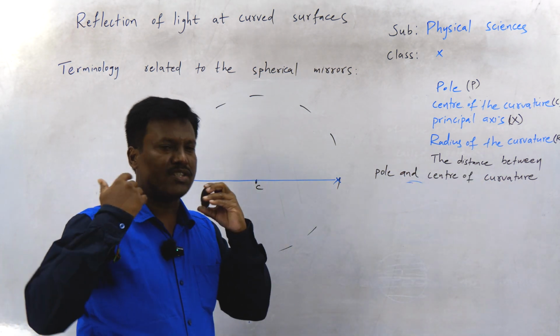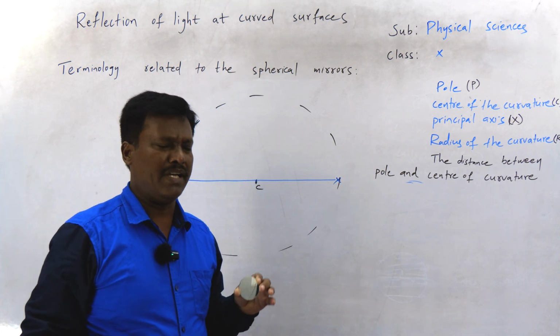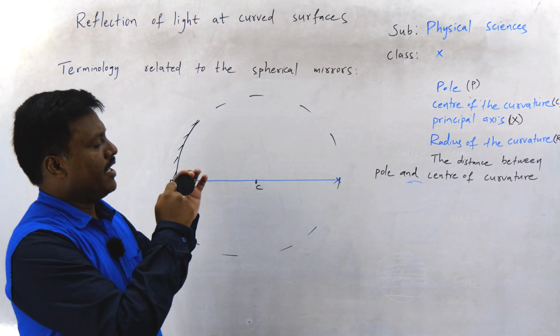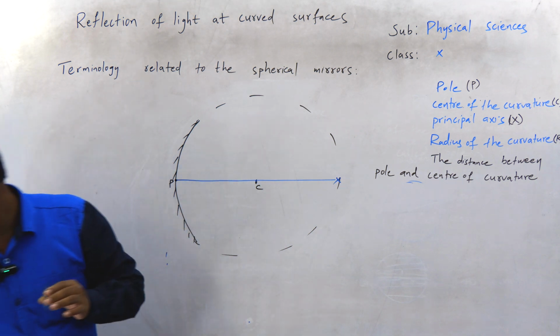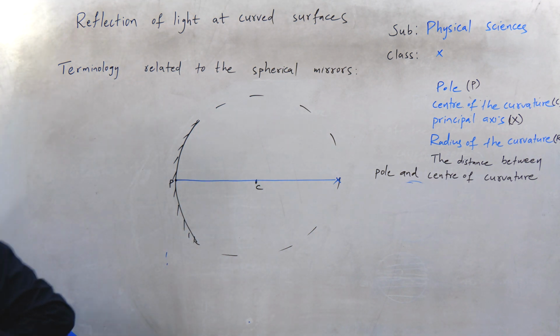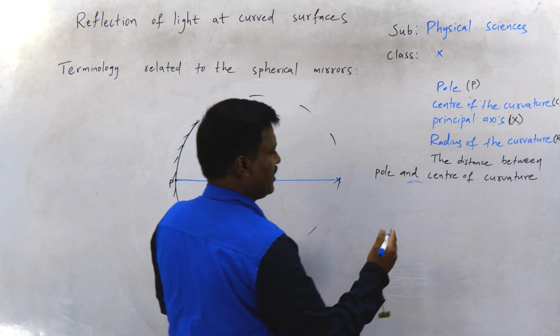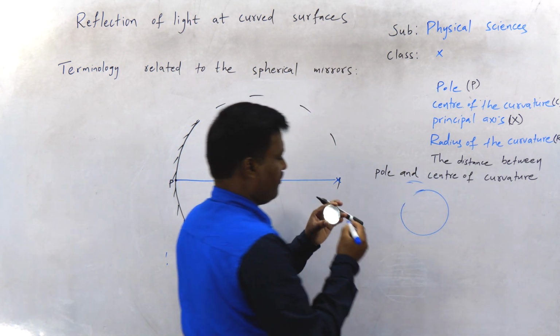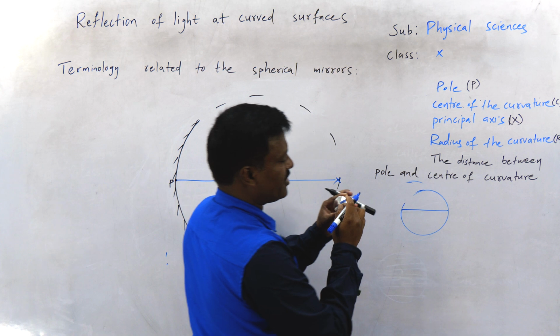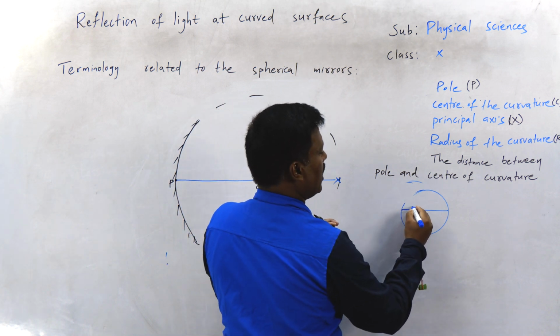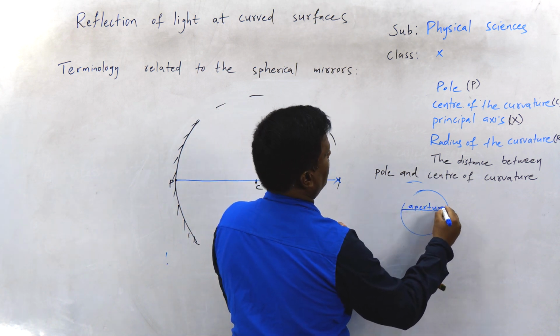Infinity means don't imagine very lengthy and long distance, because of the aperture. Aperture means what? The reflecting surface. The diameter of the reflecting surface is called aperture. This is the front view of our spherical mirror. So this diameter of the reflecting surface is called aperture.